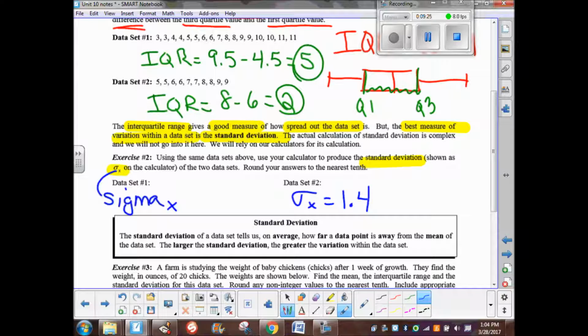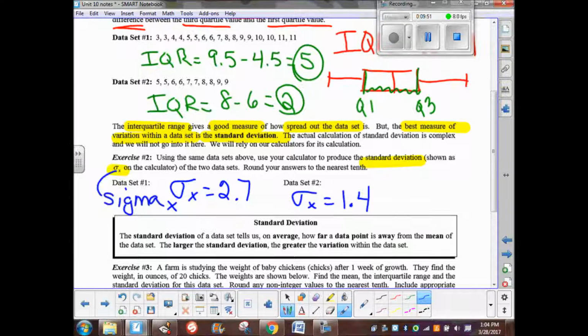What's your prediction for the standard deviation for data set 2? Is it going to be less than that or greater than that? Greater, yeah. And for the sake of time, because we already eliminated data set 1 in our calculator, it's 2.7. Great. So our prediction was right.